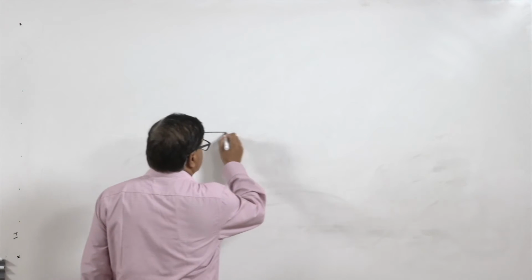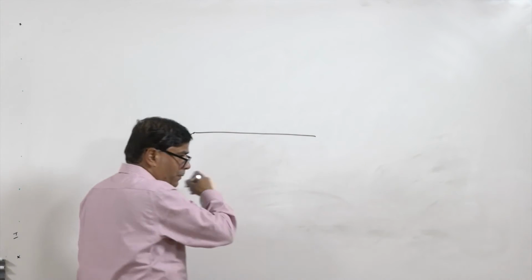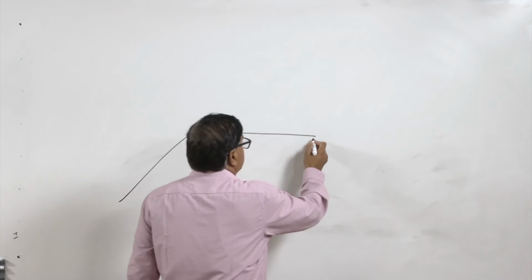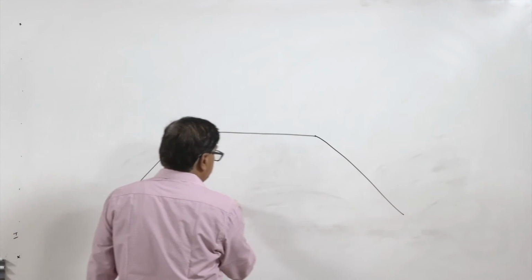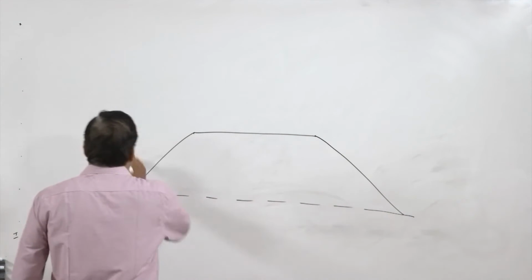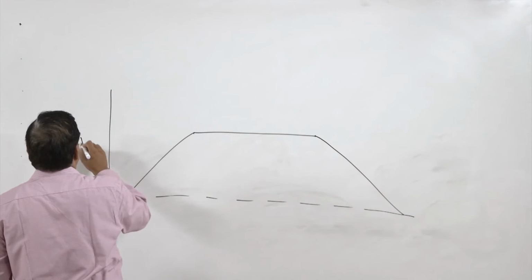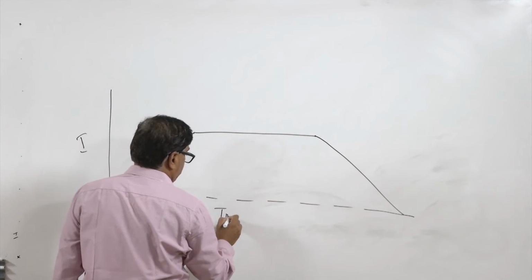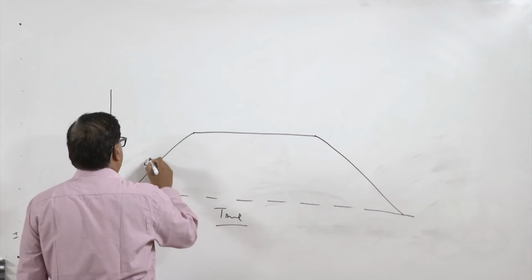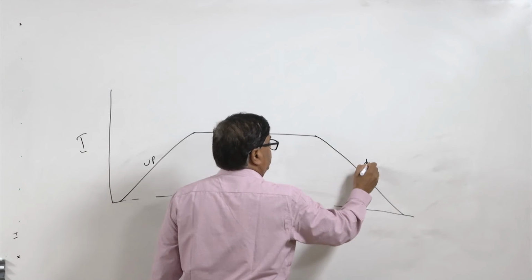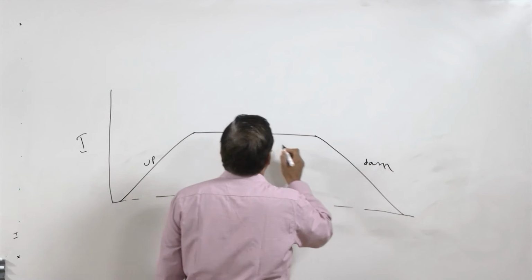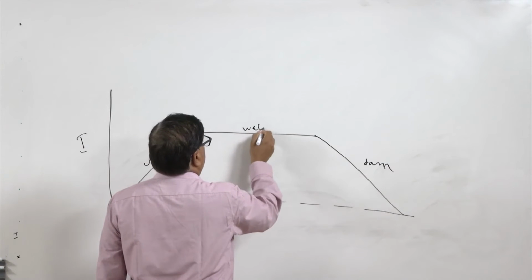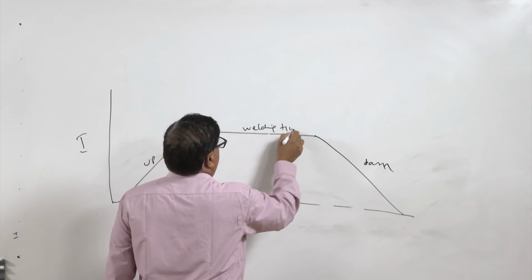Then it is kept constant for the welding period, and thereafter it is gradually allowed to reduce. So, as a function of time, how the value of the current changes is what will be shown, the up and the down, and here we will see the welding time period.